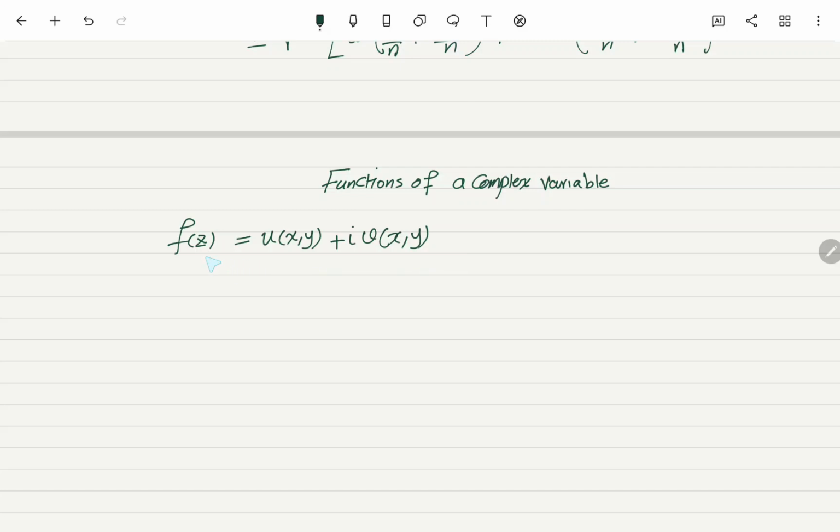Therefore, the real part of this complex function is u(x,y), and the imaginary part is v(x,y). So the real part of f(z) is equal to u(x,y), and the imaginary part of f(z) is equal to v(x,y).